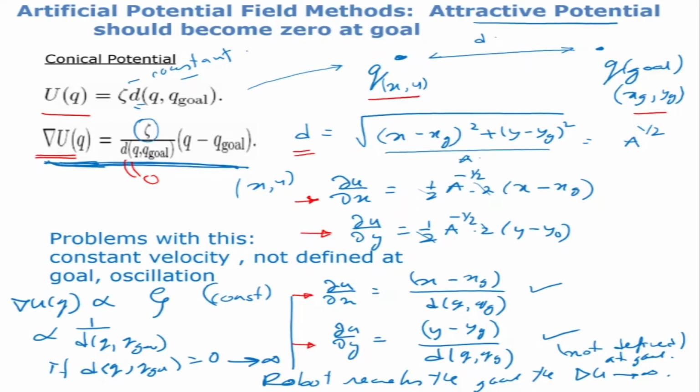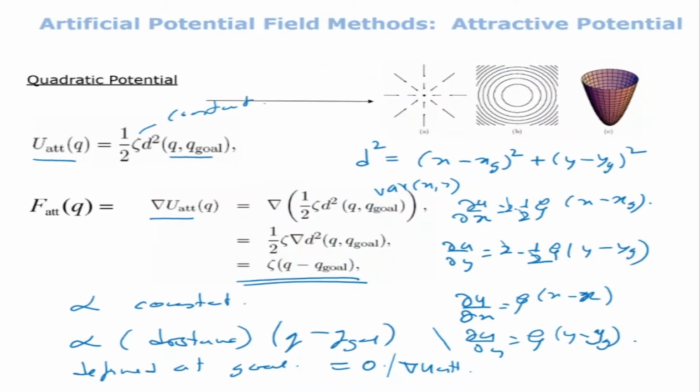To avoid that problem, we can use a quadratic potential. The quadratic potential we write in the form half zeta d squared, where d is again the distance between the present position and the goal position of the robot. When I take the grad of this, what we get is zeta into q minus q goal.